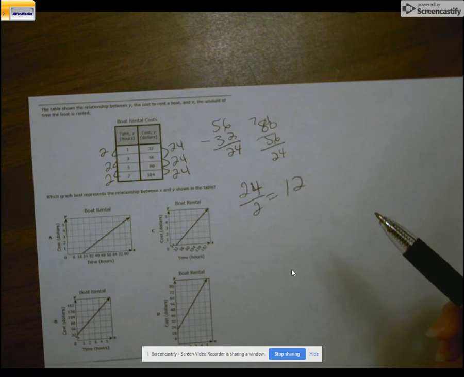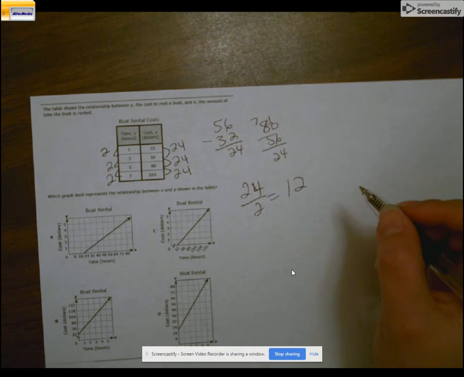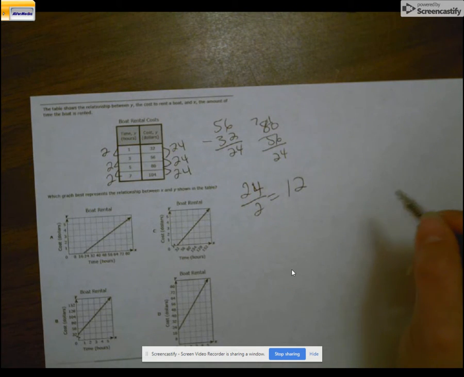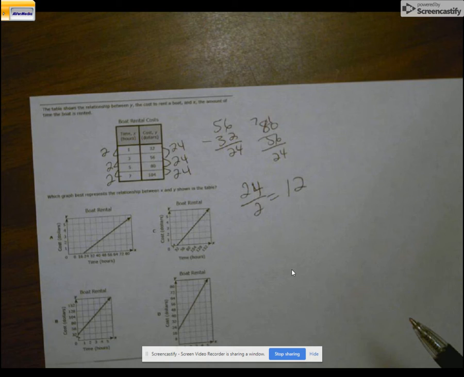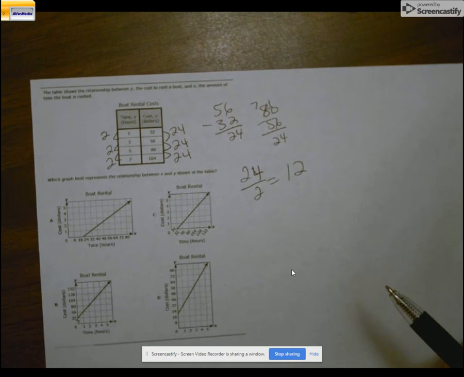Or I can look at it and say $24 in 2 hours. That would work too. It looks like it's not proportional because I know it's not starting at 0. So again, keep looking through.